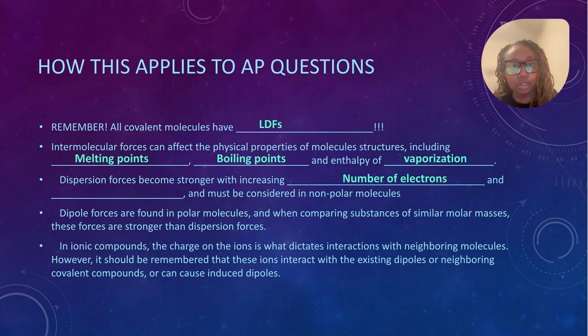Dispersion forces become stronger with increasing number of electrons and elongation and must be considered in nonpolar molecules. Dipole forces are found in polar molecules when comparing substances of similar molar masses. These forces are stronger than dispersion forces. And in ionic compounds, the charge on ions is what dictates interactions with neighboring molecules. However, it should be remembered that these ions interact with the existing dipoles or neighboring covalent compounds, or can cause induced dipoles.